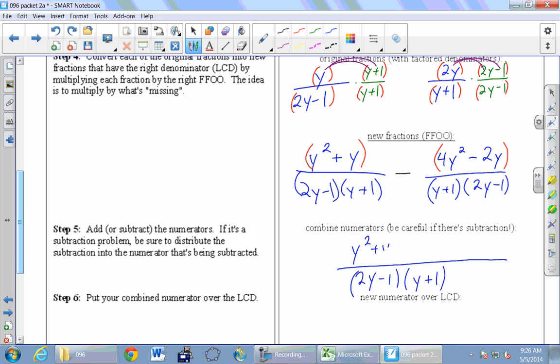Y squared plus y minus 4y squared minus 2y. Still with the parentheses. Without those parentheses, we're going to get it wrong. Does everyone see how to go from the previous step to the one we just wrote? Same denominator, so that means they mush together and become just one copy of that denominator.